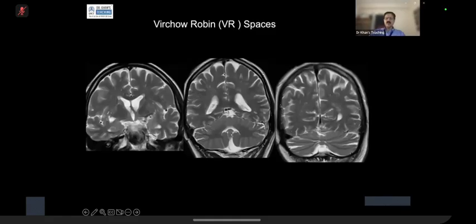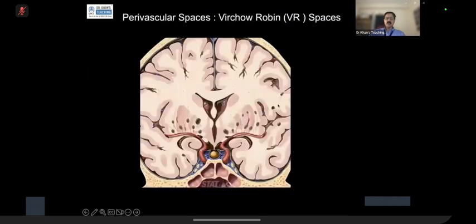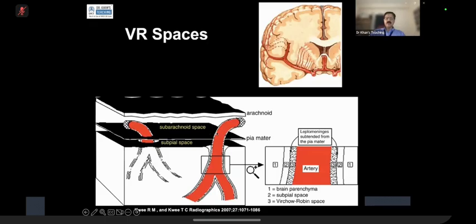Now, go back to this diagram and think what will happen if there is sarcoidosis involving the leptomeninges. This number 2, by the way, is the subpial space, the sub-pia mater space.